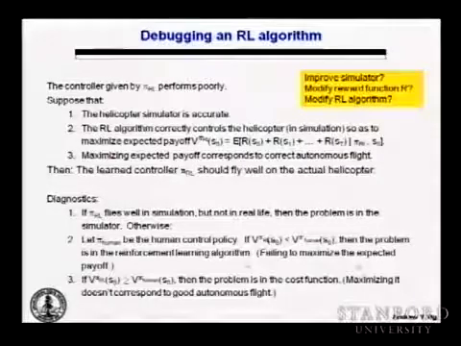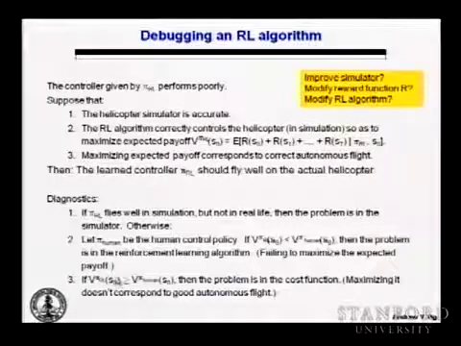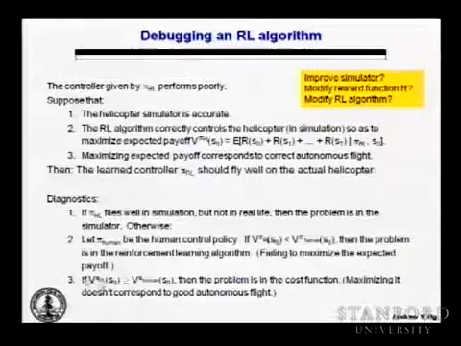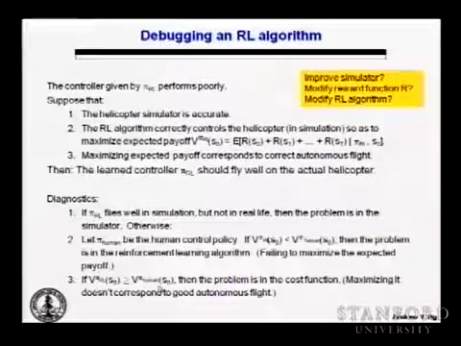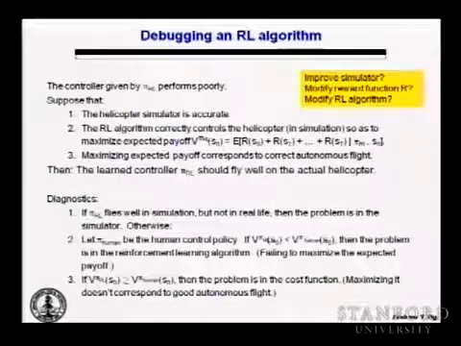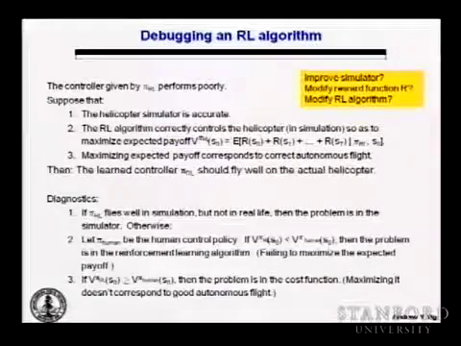And lastly, the last test is this, if the inequality holds in the opposite direction. So if the reinforcement learning algorithm obtains a higher sum of rewards on average than does the human, but it still flies worse than the human does, then this suggests that the problem is in the reward function.